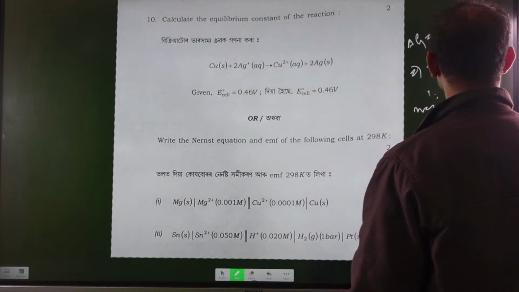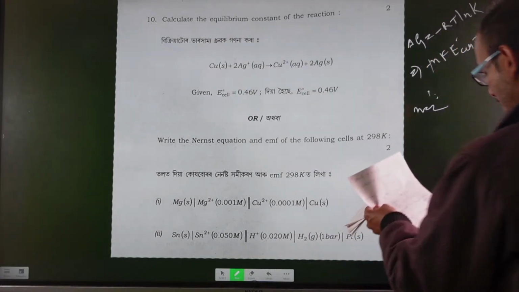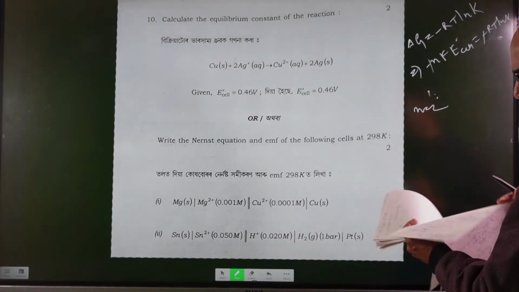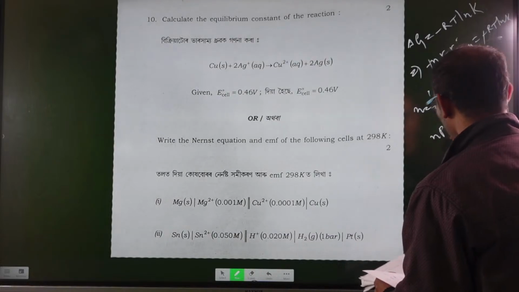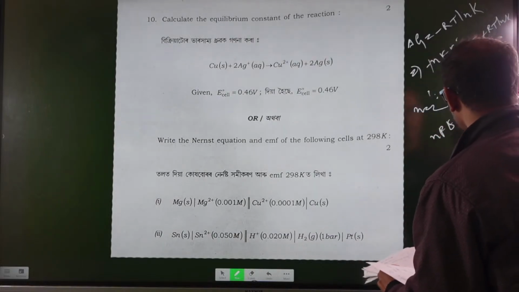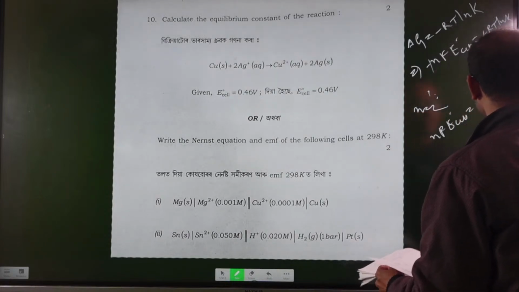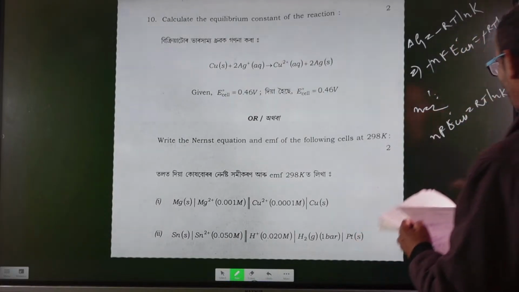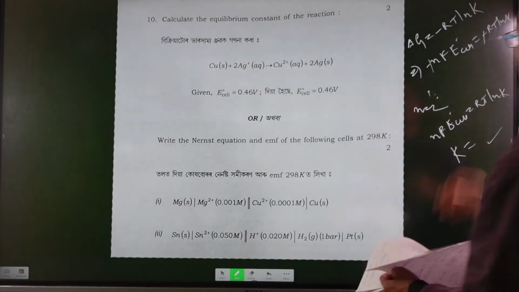So as you put the value of n equal to 2, you can put here nF E naught cell. Okay, E naught cell is equal to RT natural log of K. From here, if you calculate, you will get the exact K value using this expression.